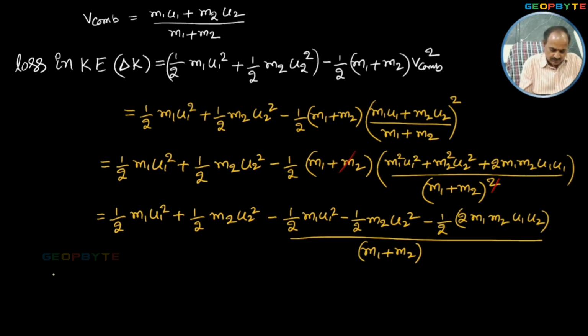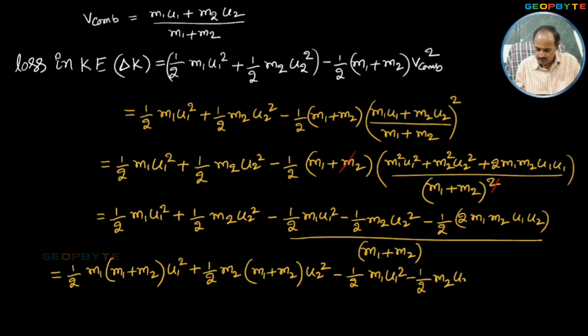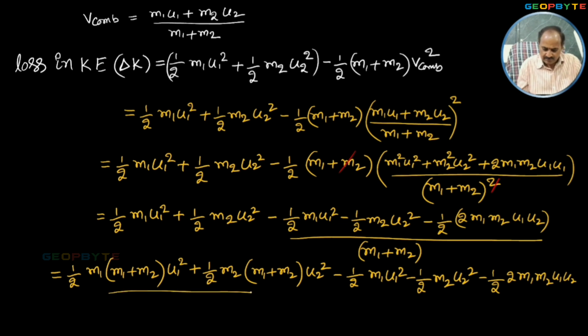Another step: it is equal to half m1 into m1 plus m2 into u1 square plus half m2 into m1 plus m2 u2 square minus half m1 u1 square minus half m2 u2 square minus half 2 m1 m2 u1 u2, whole thing divided by m1 plus m2.